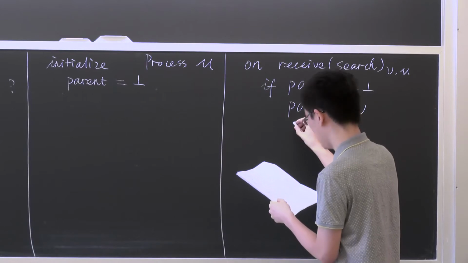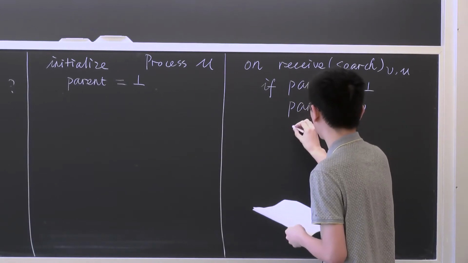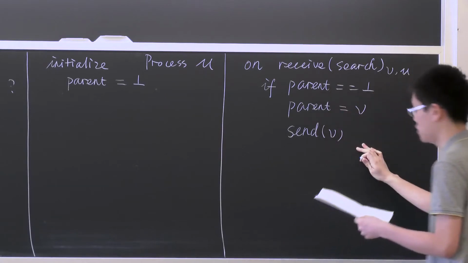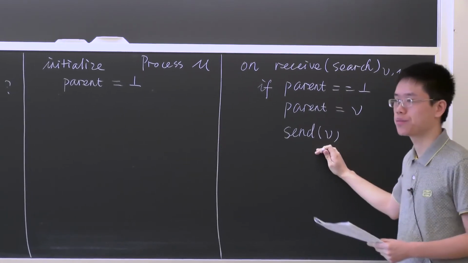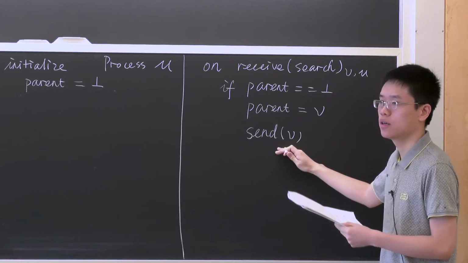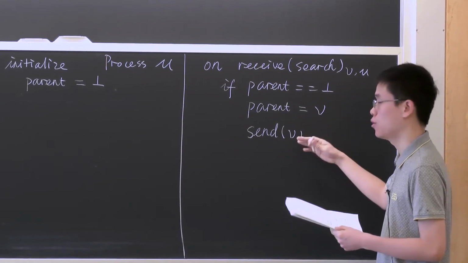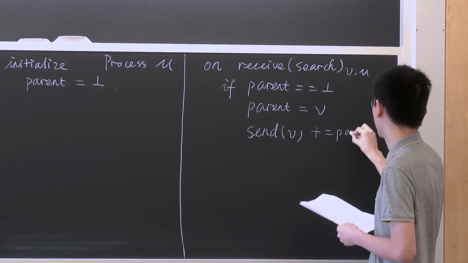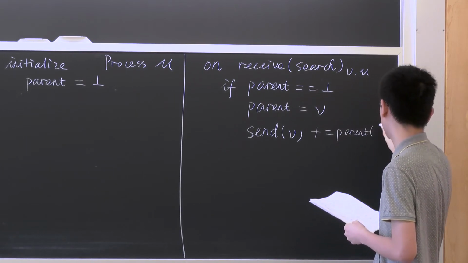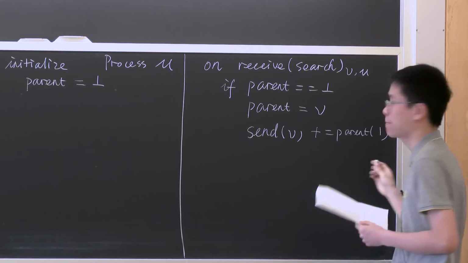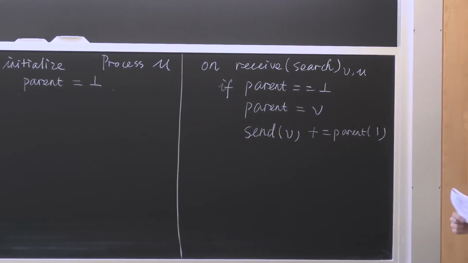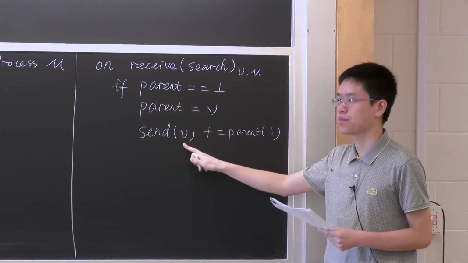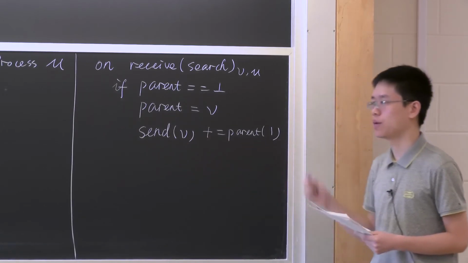We first need to respond by saying, I'll use a shorter notation, send to V is a queue. That's the message that will be sent to V at some point. The message we send is parent 1, parent true. This is a response to V saying, yeah, you are my parent.